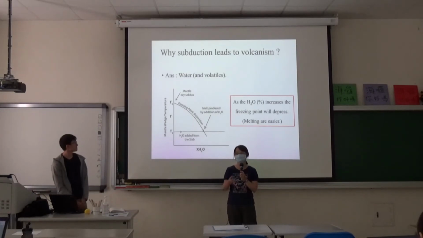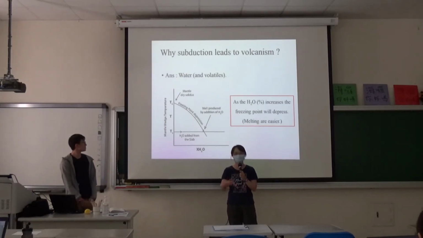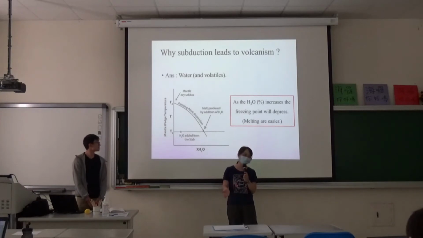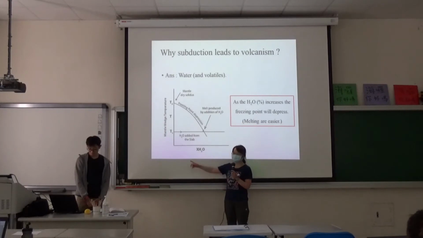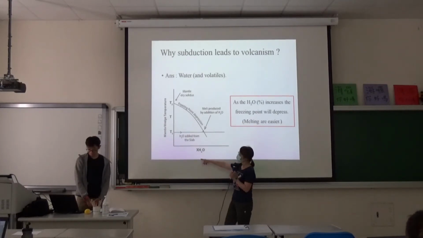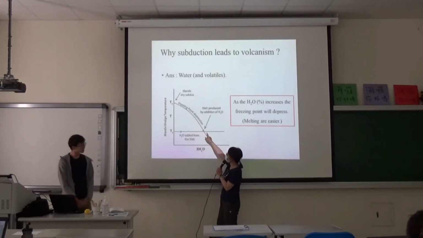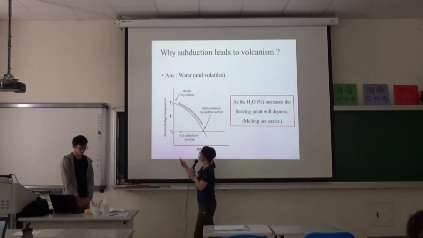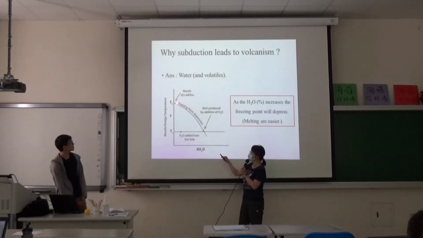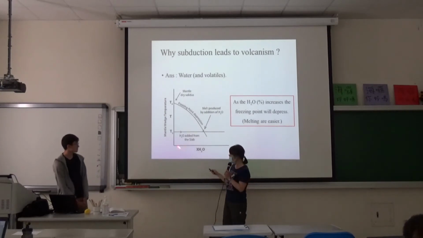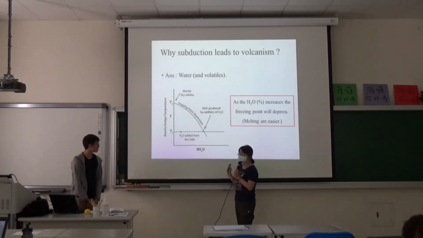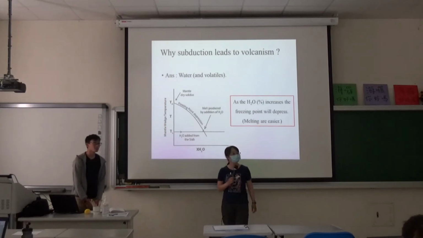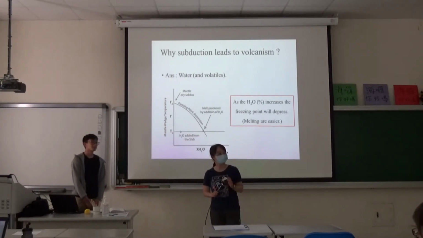For example, some geologists took some rock and added some water at high pressure and temperature, and with higher water content, the mantle dry solidus, this is actually the solidus, will decrease with increasing water percentage. So it's just a phenomenon and cannot be explained.